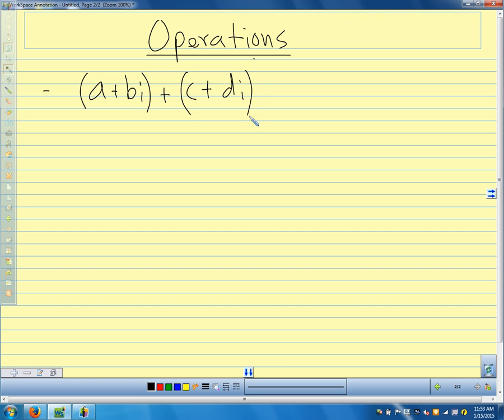All right, so the first operation we want to talk about is addition. Operations, we're going to add, subtract, multiply, and divide. How are we going to add these two things? A plus C, and then plus B plus D i. So we add the real parts and add the imaginary parts.